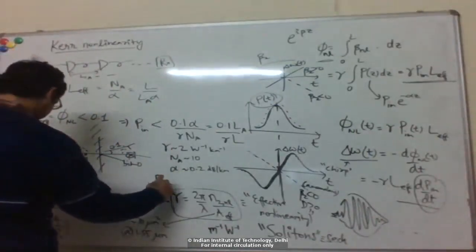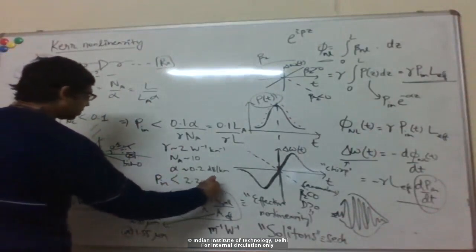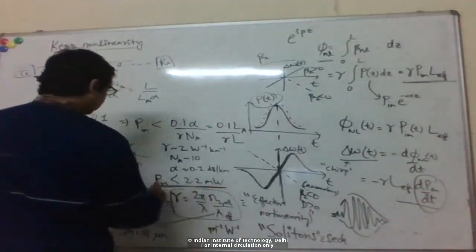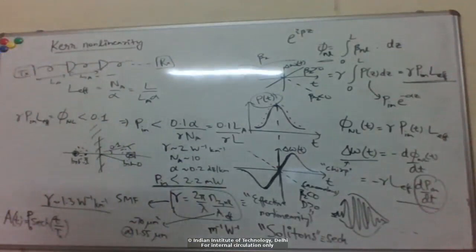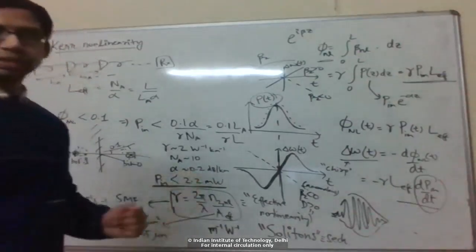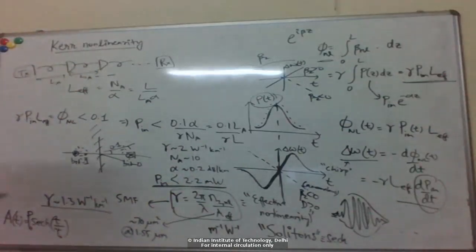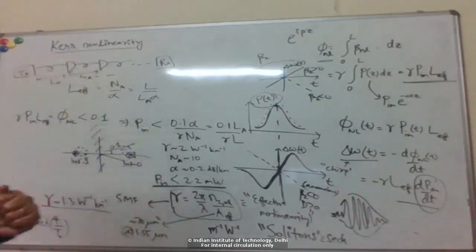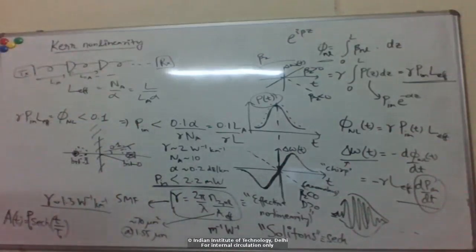Then you can see that the input power has to be less than about 2 milliwatts. So that's a very strong condition here, because typically the powers that we want to use in the optical communication system, as we saw, are maybe tens of milliwatts. So you can see that at those power levels, there is already some non-negligible effect of this self-phase modulation.